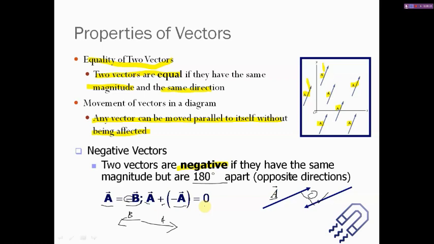Force is a vector, and suppose you are pushing a box with some force, let's say 5 Newton. Then another person comes from the opposite direction and pushes the box with a force of, let's say, 2 Newton. So the box is obviously going to move a bit in the backward direction also. Then what is the total force acting on the box? It will be nothing but 5 minus 2, which is 3 Newton, right?